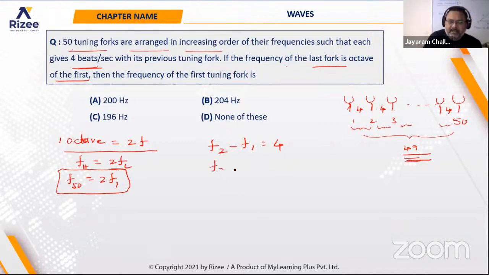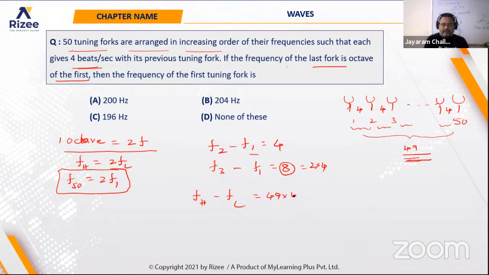If I write F3 minus F1, the number of beats is going to be 8, the difference is going to be 8. Like that, the frequency of the highest minus the frequency of the lowest. For 3 tuning forks, 2 differences, which is 2 into 4. For 50 tuning forks, the difference should be 49 into 4.